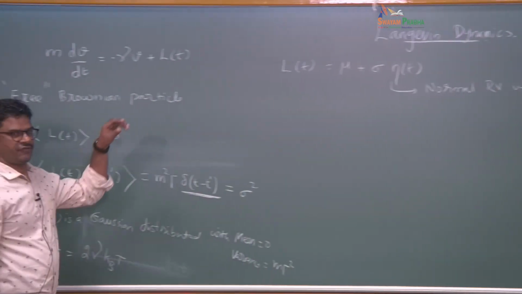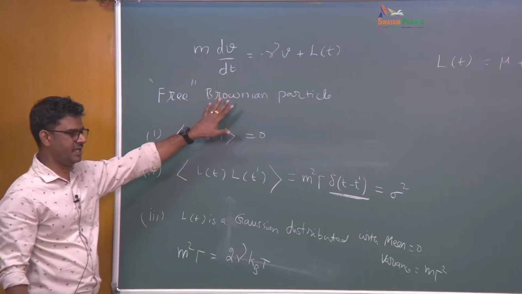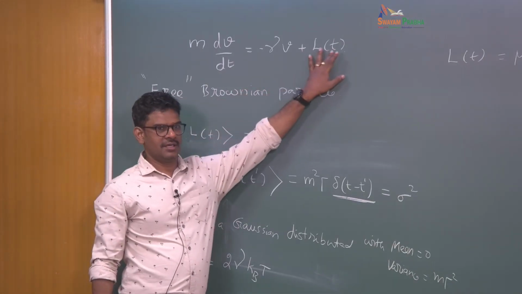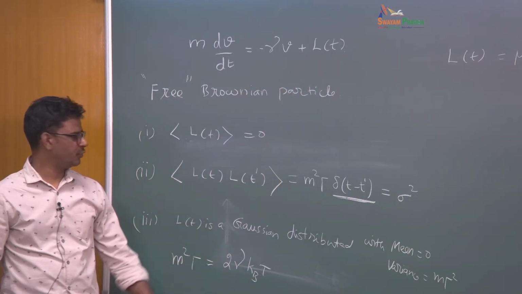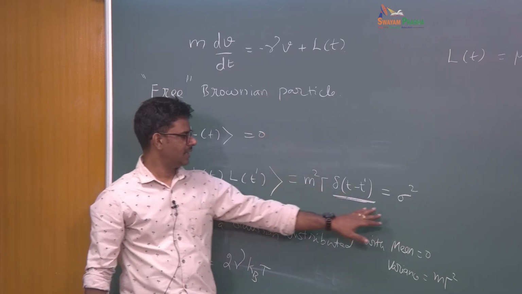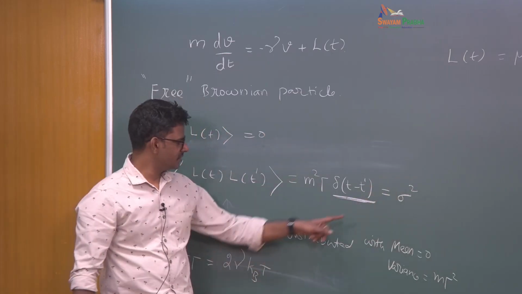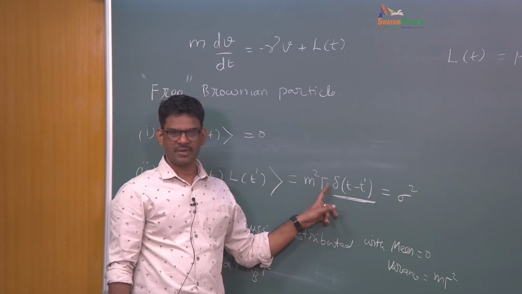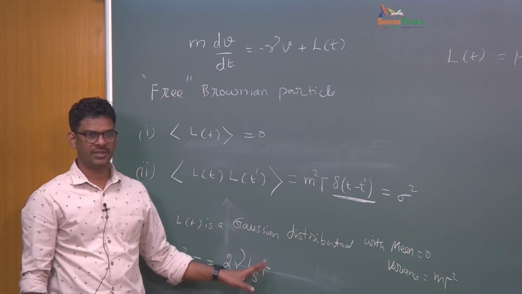So as far as this free Brownian particle is concerned, we are saying that this random force is Gaussian distributed with a mean value of 0 and a variance of sigma square. Sigma square is nothing but m square gamma, and m square gamma is related to 2 gamma kBT.